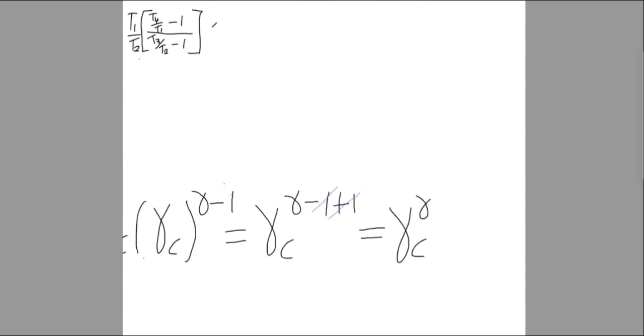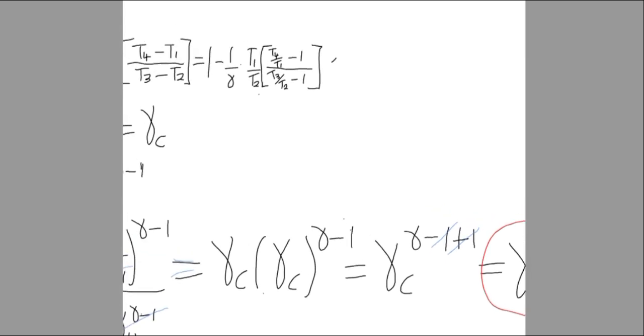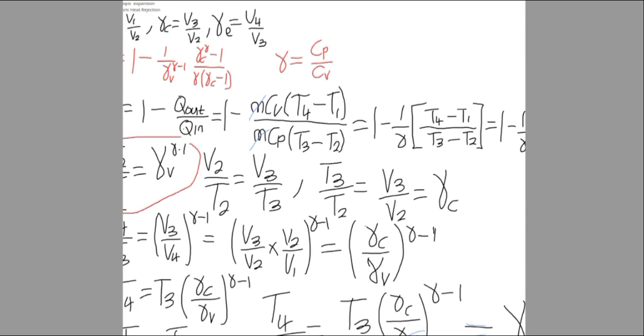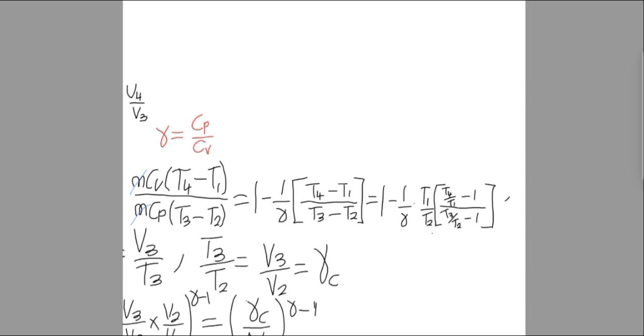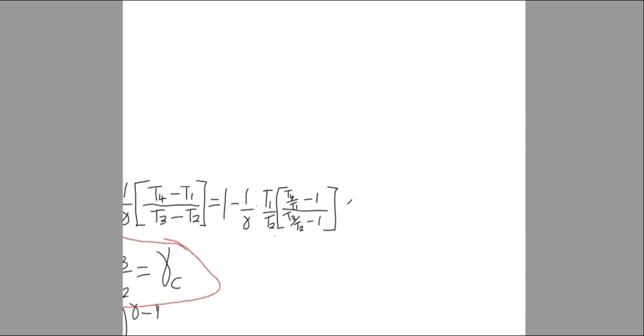This is our value for T4 over T1 over here, and also our value for T3 over T2 is what we got over here. So those are the three values that we needed.